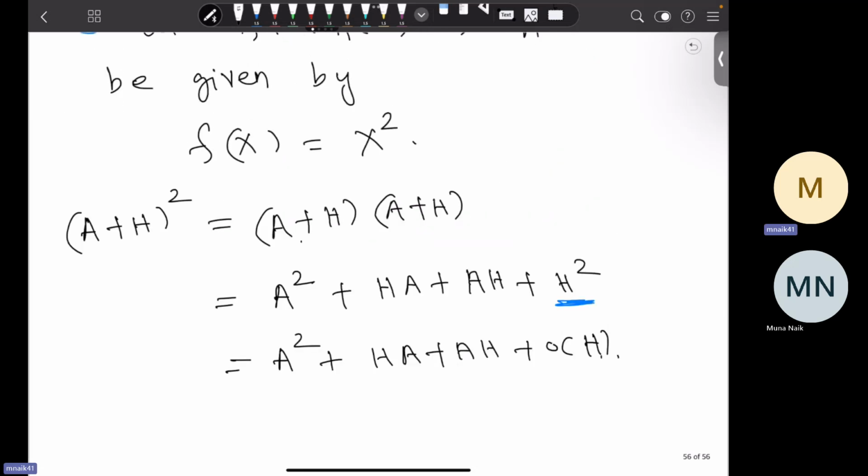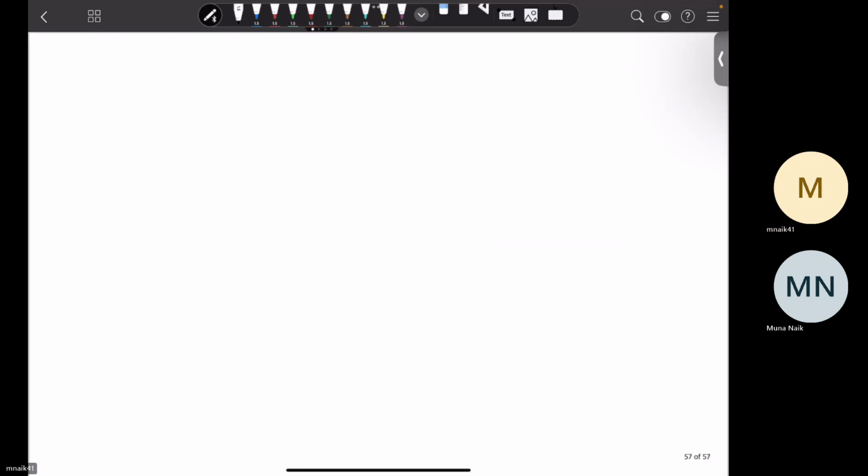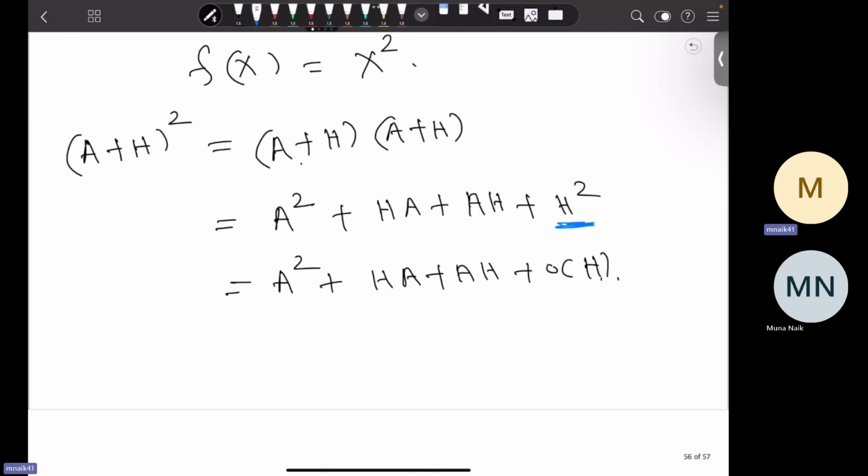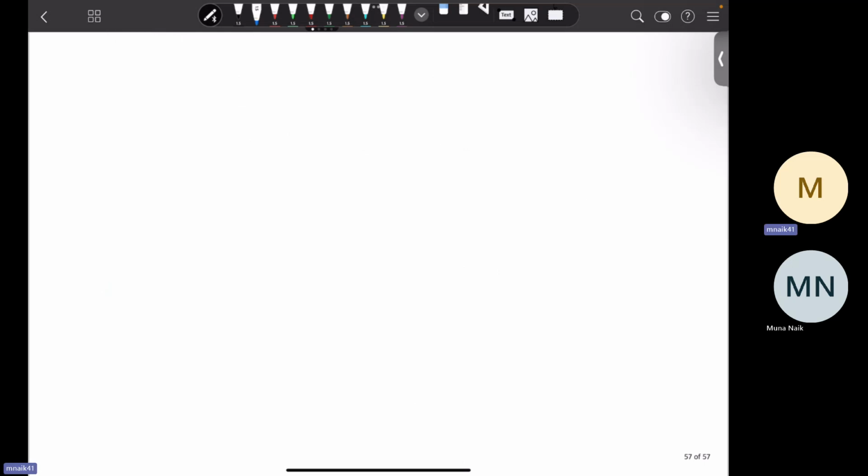So you can pause for a moment and think what the linear map is here.